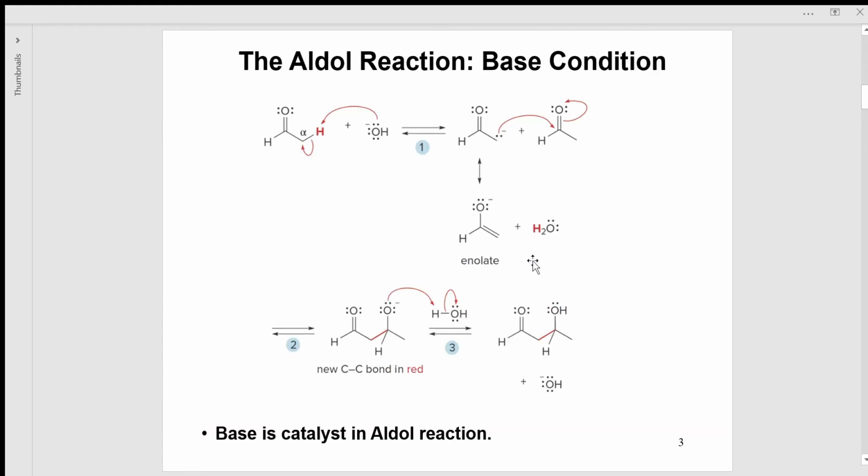Ideally, I hope you are going to fully understand the whole process. The key mechanism here is the enolate formation. The enolate attacks the carbonyl carbon, followed by a protonation reaction to form a beta hydroxy carbonyl compound.